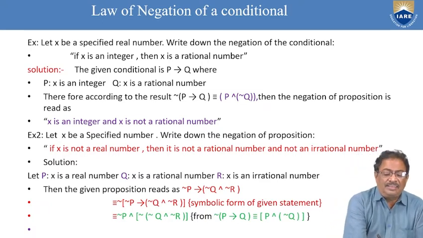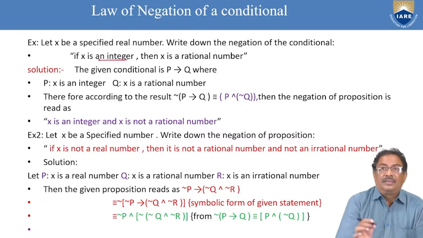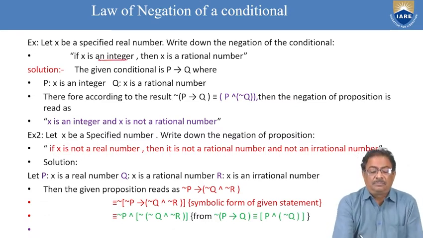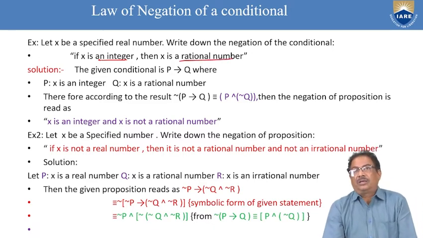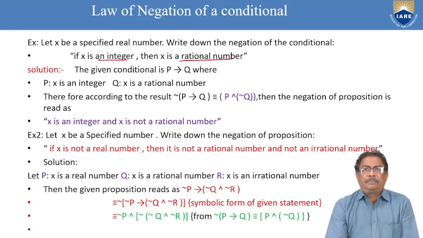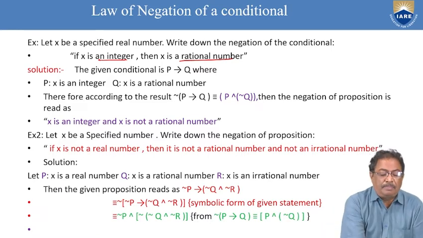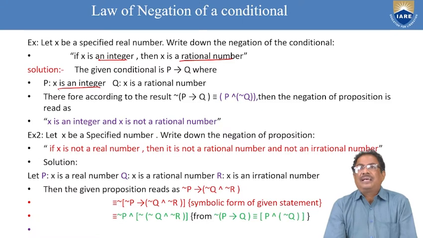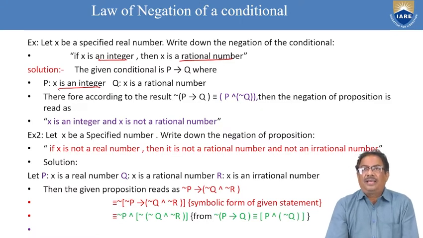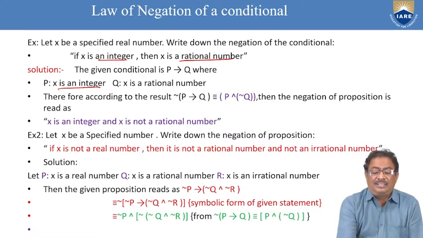So one is X is an integer, which is one type of sentence, and another is X is a rational number. So for that we take P as the statement X is an integer, Q as X is a rational number, and we take this given sentence as if P then Q.